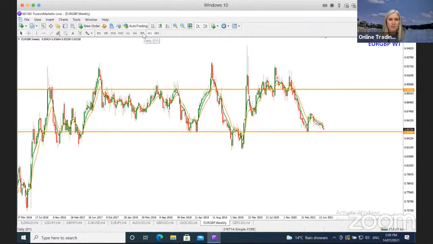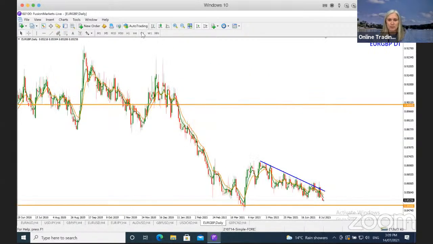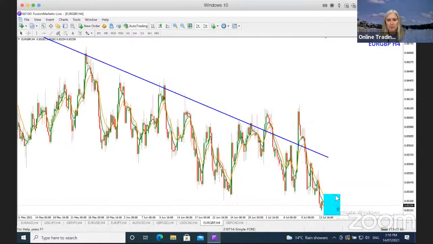So I am using a ranging strategy for this, and I'm only looking for long off the bottom here because that's where it is near at the moment. The price has slowly been coming down, and as soon as I see a reversal there, I am going to be interested in taking a long opportunity.